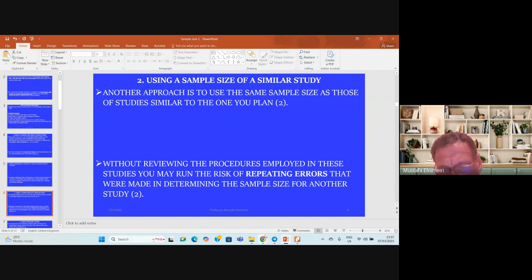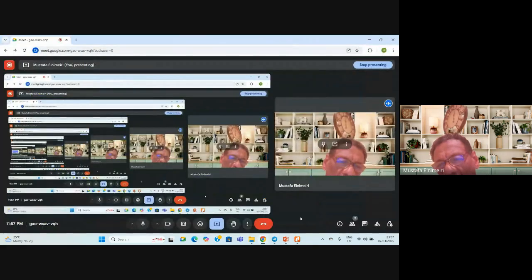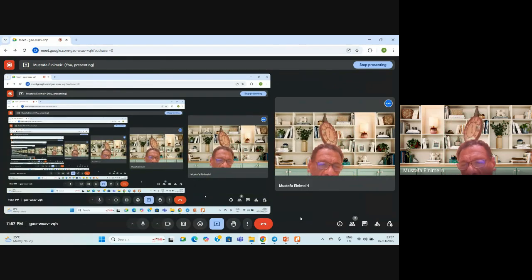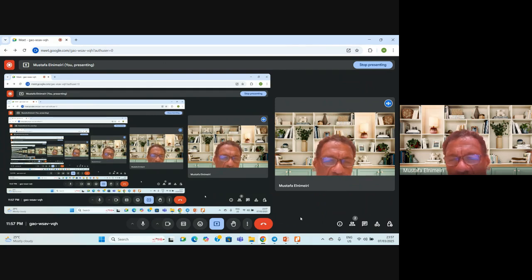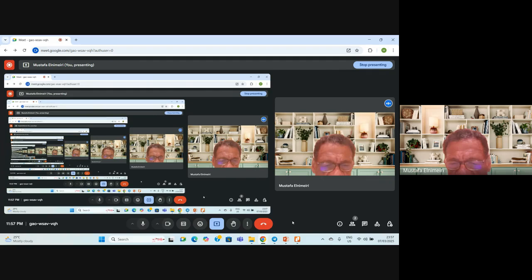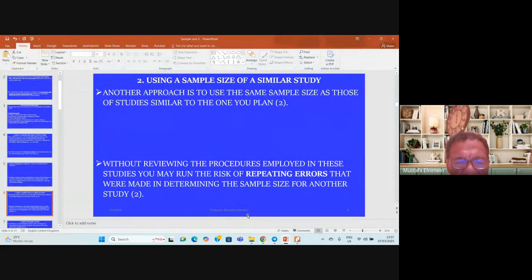For example, if you resort to a certain article and you imitate the sample size itself and use it, but in case the investigator had made any error or mistake, then you are going to repeat the same mistake. So this is a risk that you have to avoid.